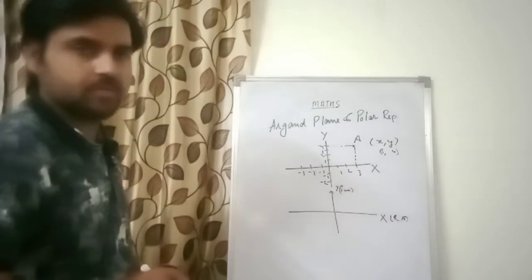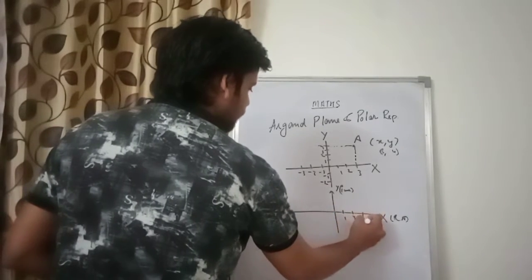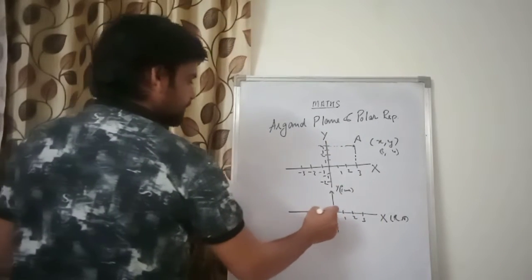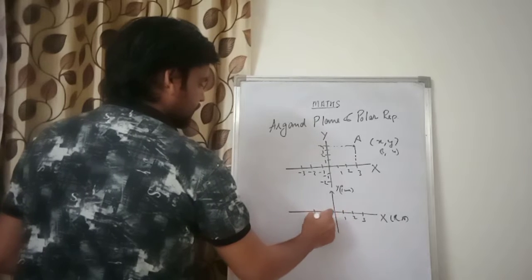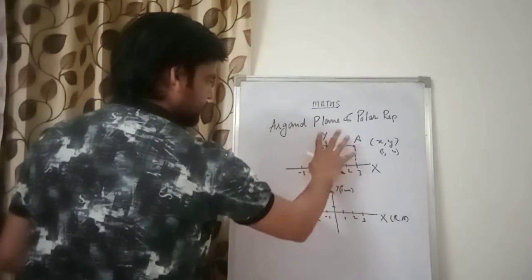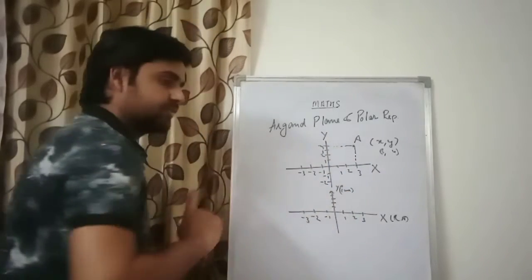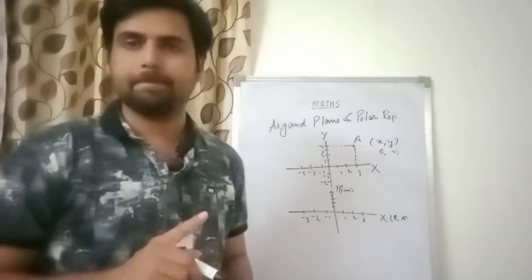All right. Let's say these numbers are there on the x-axis, meaning on the real axis. It is similar to the Cartesian plane only, but here on the y-axis only imaginary numbers will be there. All right.